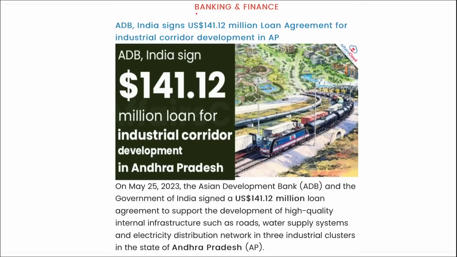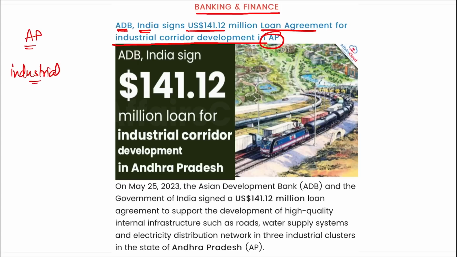Next we are talking about banking and finance. The Asian Development Bank and India have signed a $141.12 million loan agreement for industrial corridor development in AP, that is Andhra Pradesh. An industrial corridor will have industries, workshops, and godowns, that is warehouses.